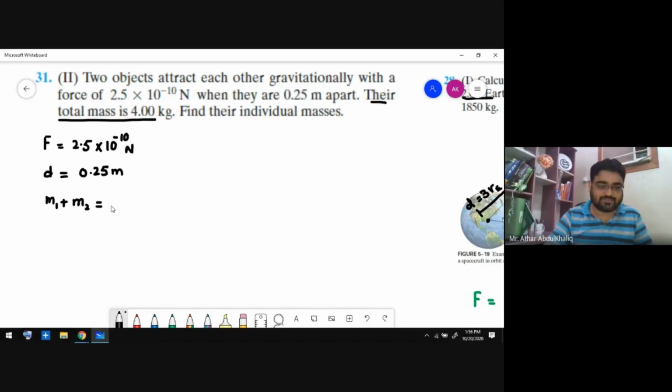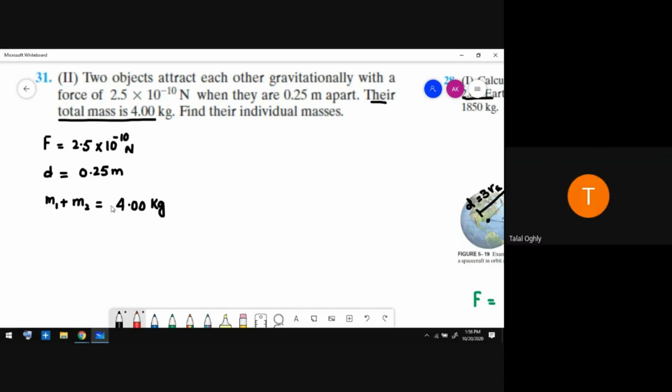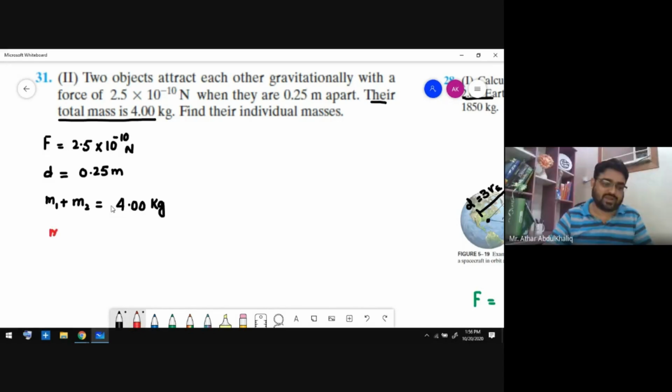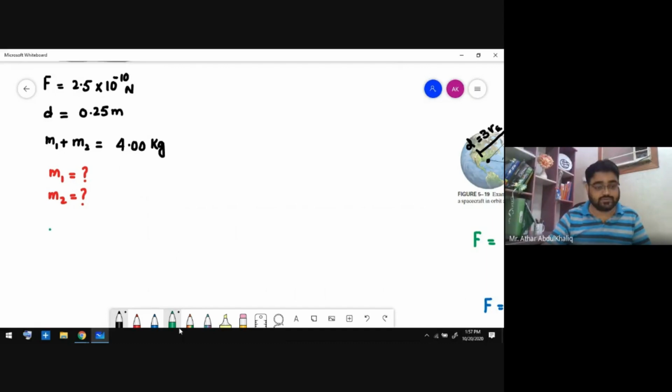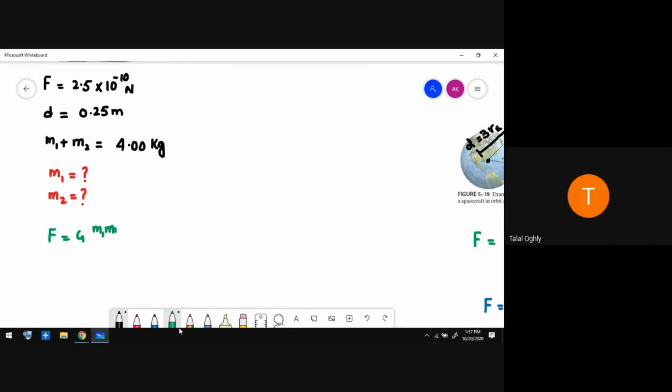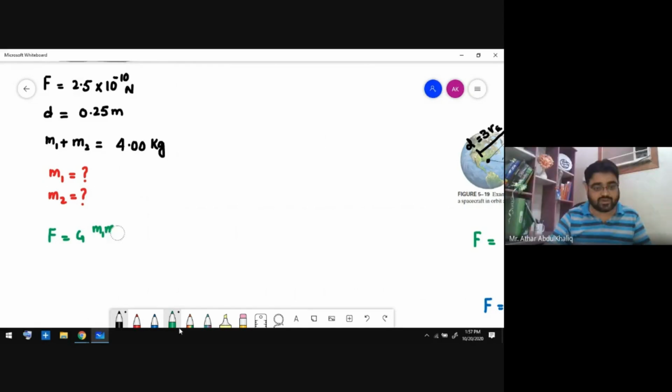The total mass is 4 kilogram. Okay, M1 plus M2 is 4.00 kilogram. Now what is to find? Individual masses. You have to find M1, you have to find M2. F is equal to G times M1 times M2 over D square.